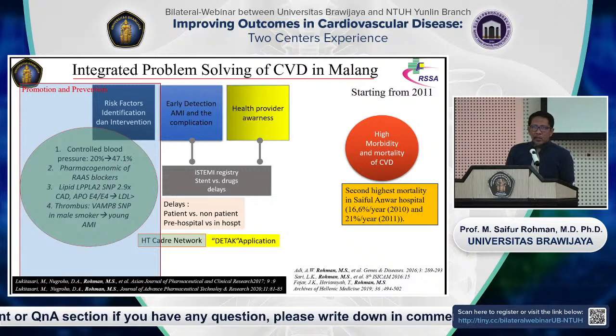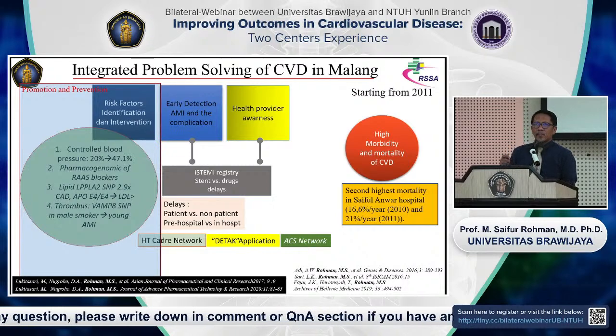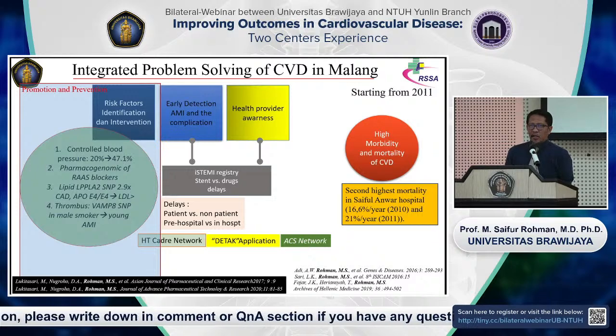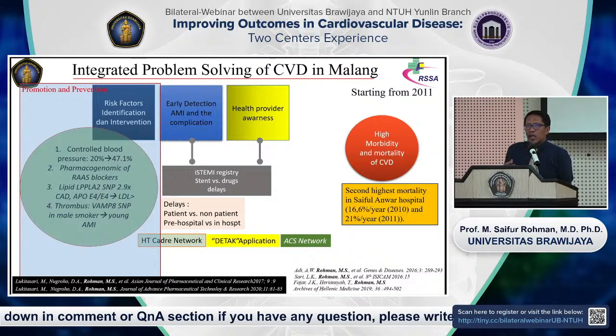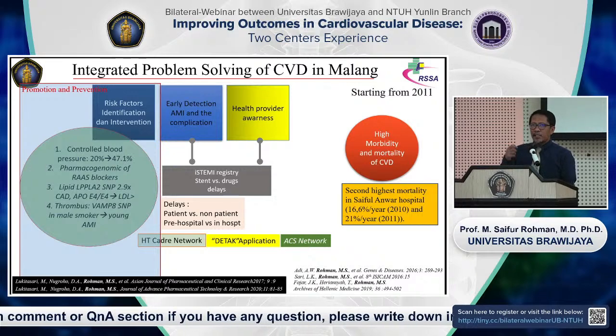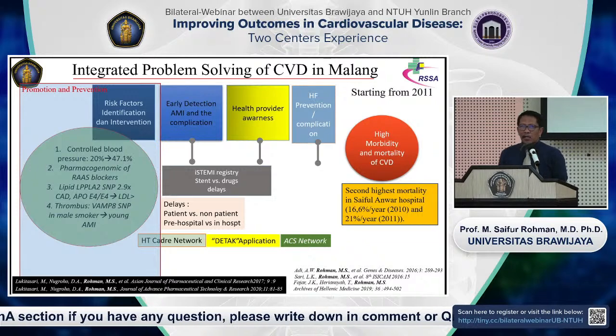Next, we also train the cadre and also the general practitioners to increase the knowledge and the skill to be aware of ACS patients and send them in proper time.